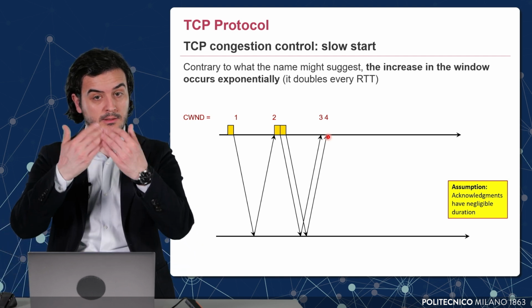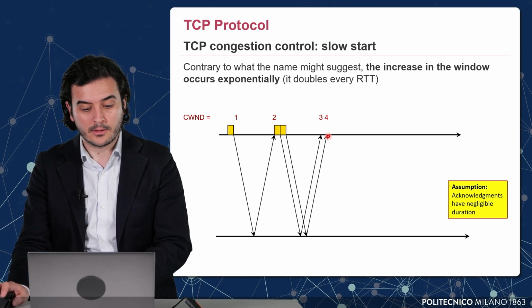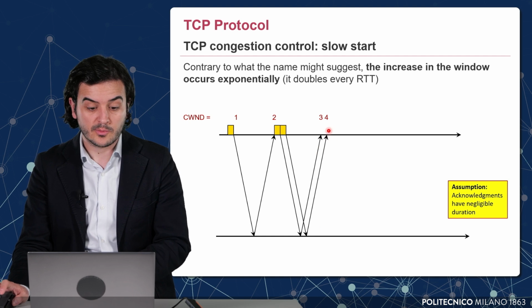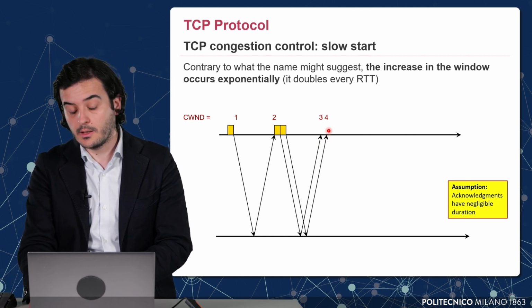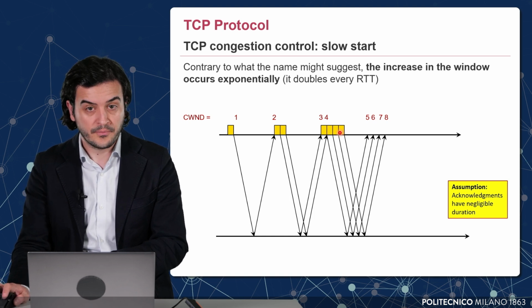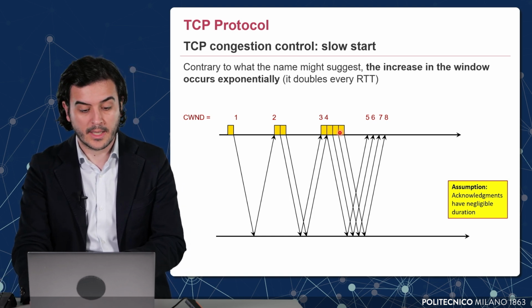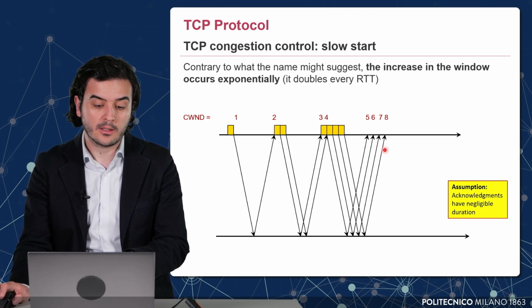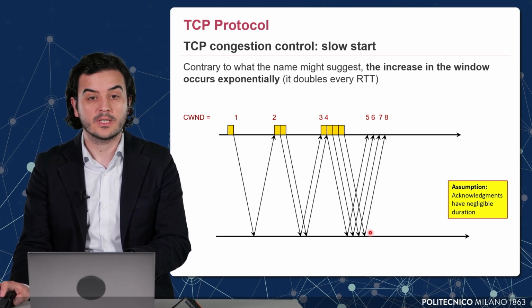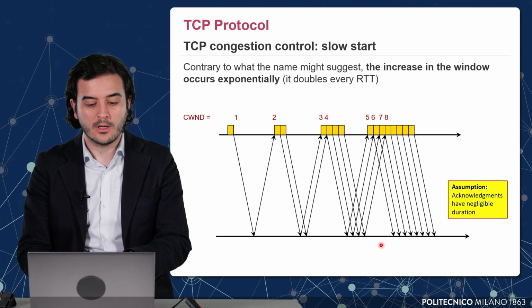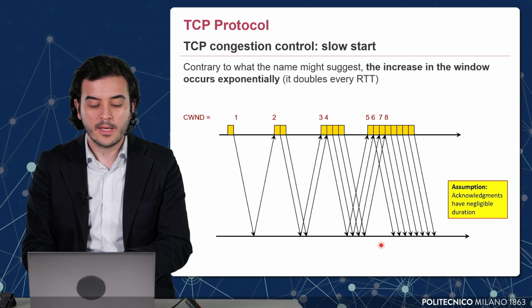In this case, the transmitter has already set the size of the window equal to 2, plus the 2 acknowledgement messages that it receives allow it to understand that the congestion window can be updated to 4. In the same way, when we have 4 segments transmitted, each of them has a corresponding acknowledgement message transmitted from the receiver towards the transmitter, and hence the value of the congestion window is equal to 8.